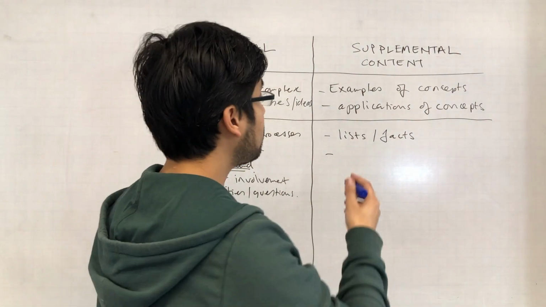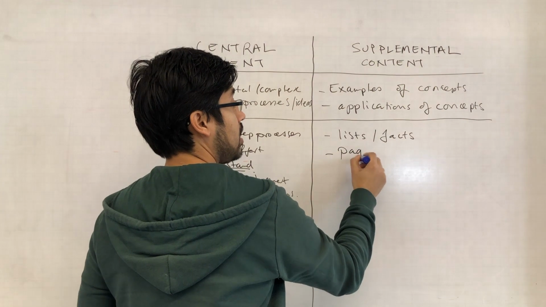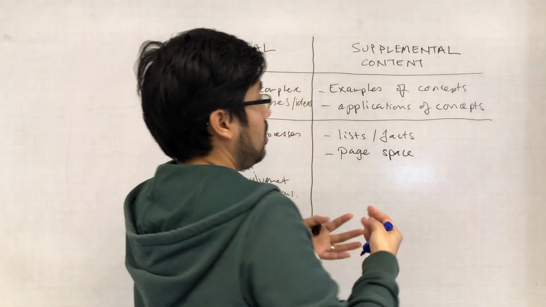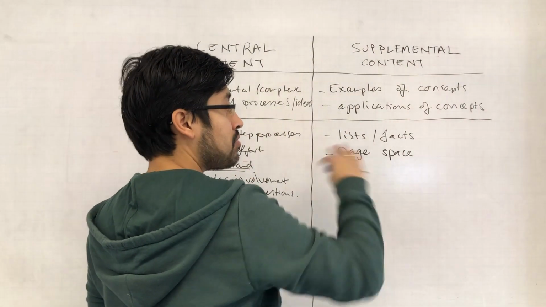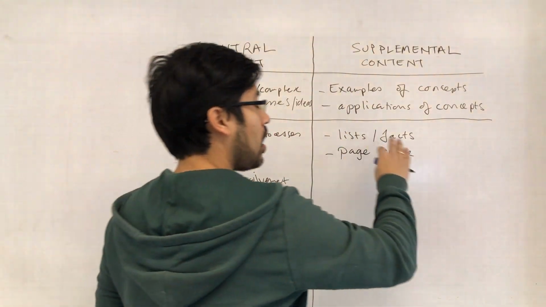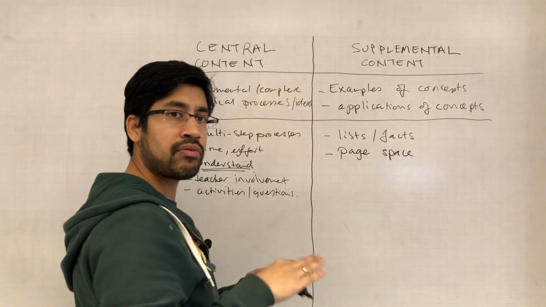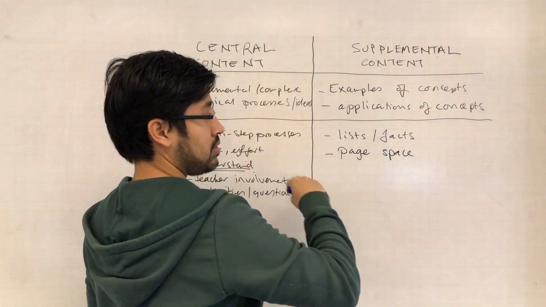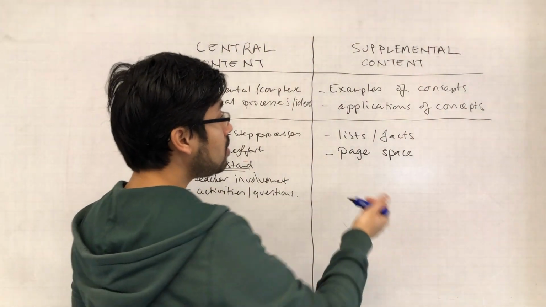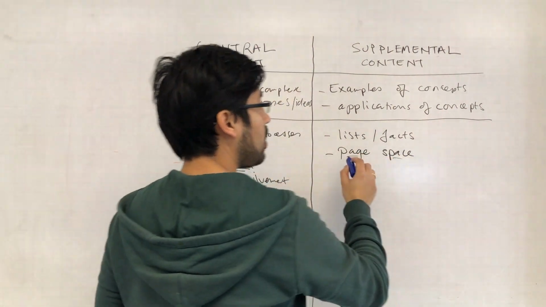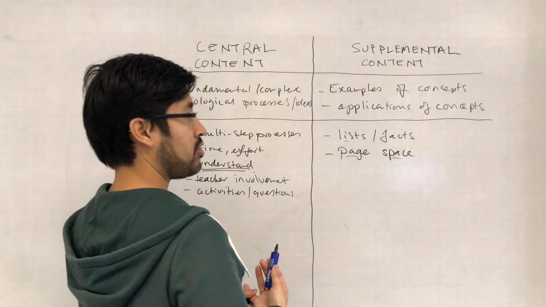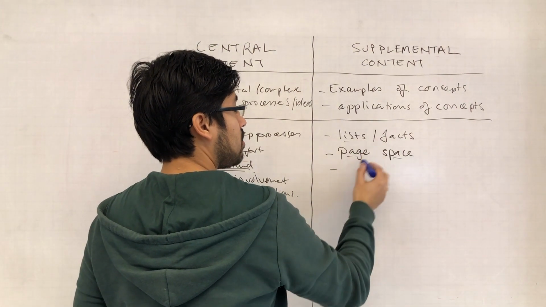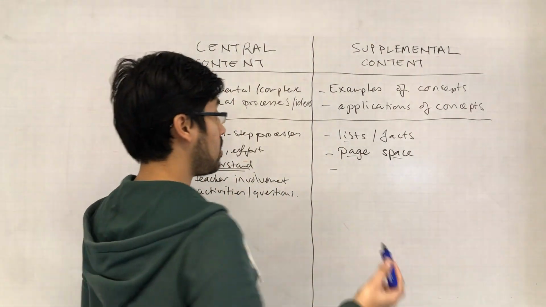Sometimes the supplemental content might take up a lot of page space. So they're explanations of examples, and they might take up a lot of time for you to go through. They might take up a lot of notes, if you will, but you might find that even though they do take up a lot of space, you're simply having to memorize that example.